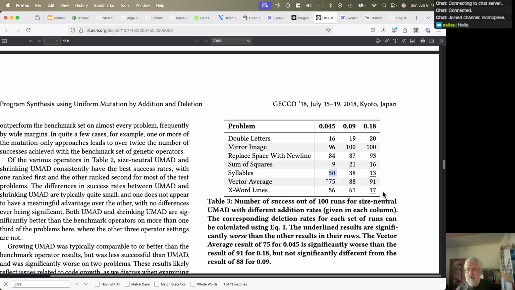And doubling mostly made things worse, sometimes even statistically significantly worse. It actually made this better, but that's probably not a statistically significant difference. This made this a little better, but again, probably not a statistically significant difference. 20 versus 19 probably doesn't matter.